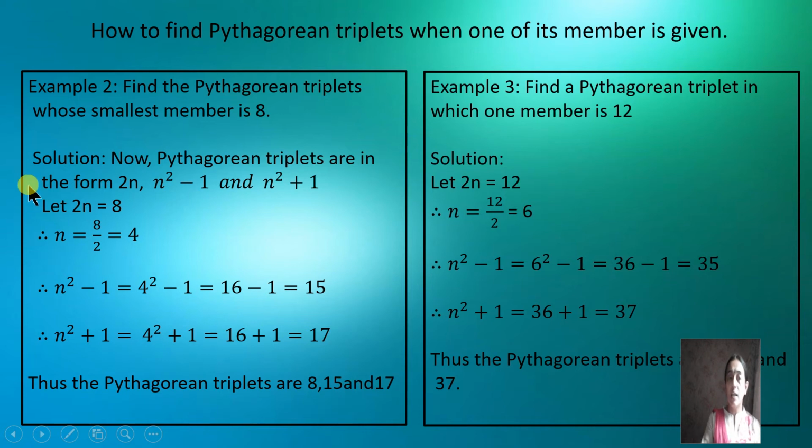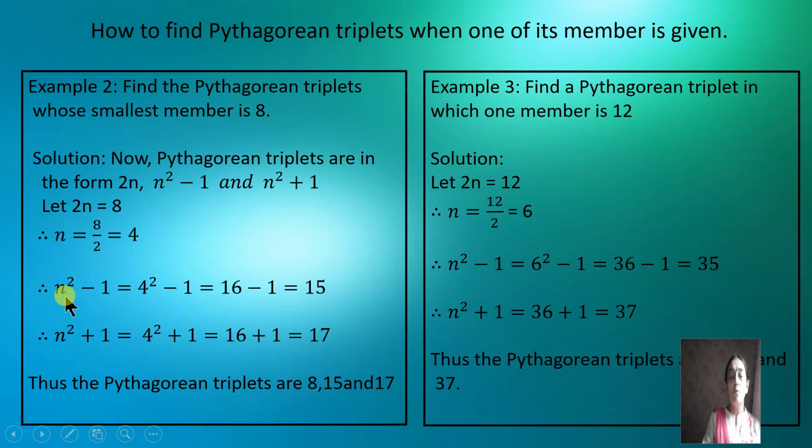Once again, we know that the Pythagorean triplets are of the form 2n, n square minus 1 and n square plus 1. So, first we will assume that this 2n is equal to 8. From that, we will get the value of n. So, n is equal to 8 upon 2, which is equal to 4. Now, from that, I will find n square minus 1. I will substitute the value of n.